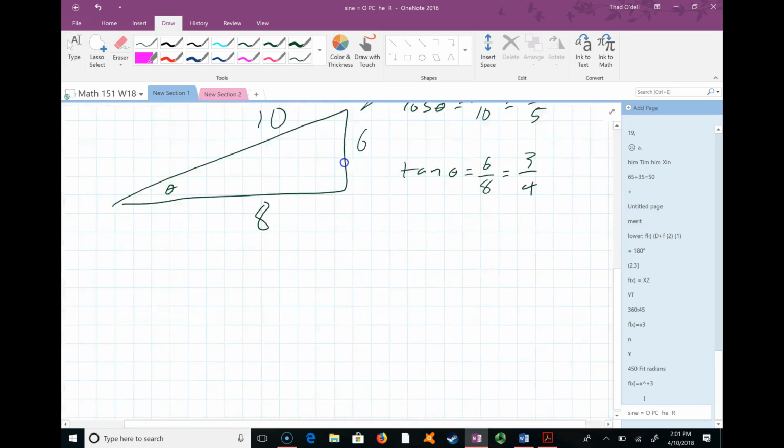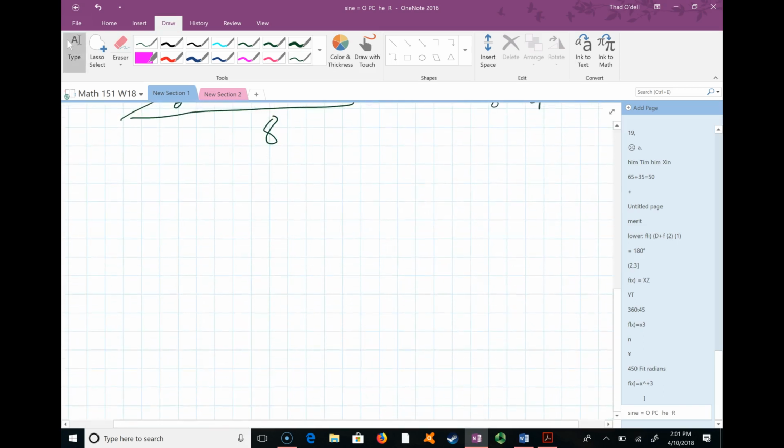So if we go down here, the whole point of this is to say, if I know that sine of theta is equal to, say, 5 over 8, I don't know that this comes from a triangle with sides 5 and 8, but I do know that there's a ratio there. So what I'm going to do is draw what I would call a reference triangle. We've got some angle here, and we're not necessarily saying this is 5 and that's 8.